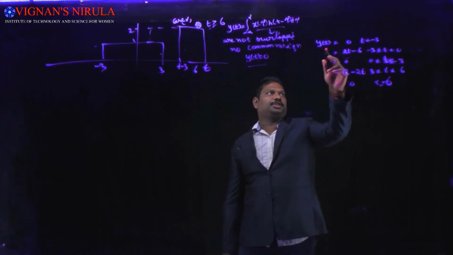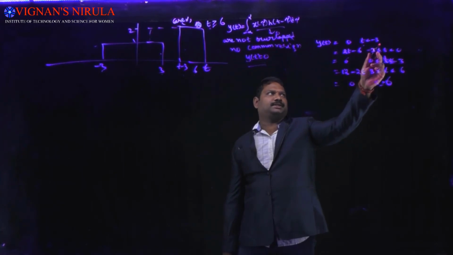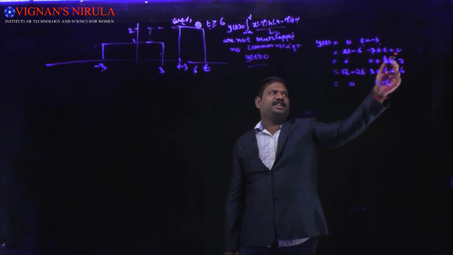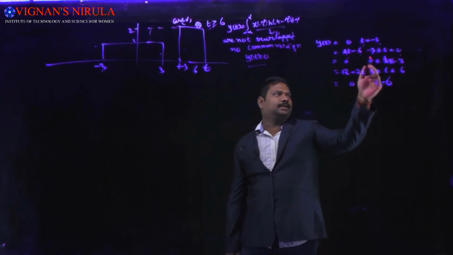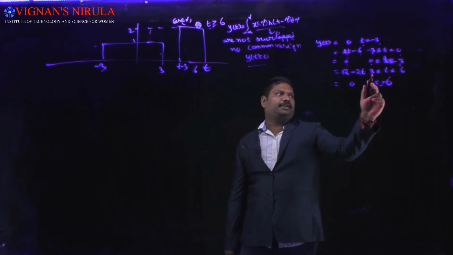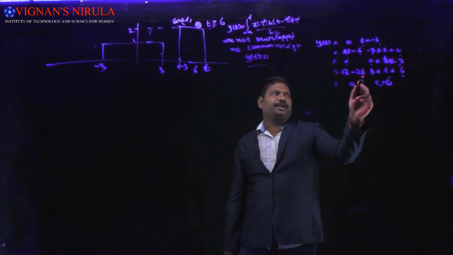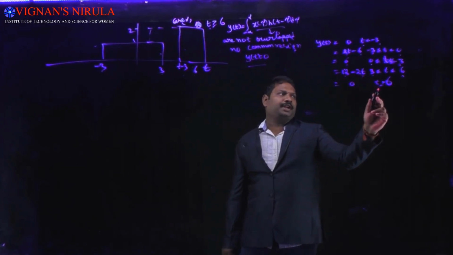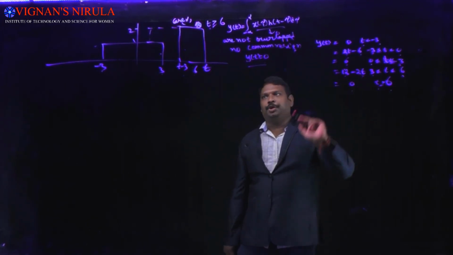We have got the cases like this. y of t is equal to 0 for t less than minus 3, and between minus 3 to 0 it is 2t plus 6, and between 0 to 3 it is 6, and between 3 to 6 it is 12 minus 2t, and for t greater than or equal to 6 it is 0.